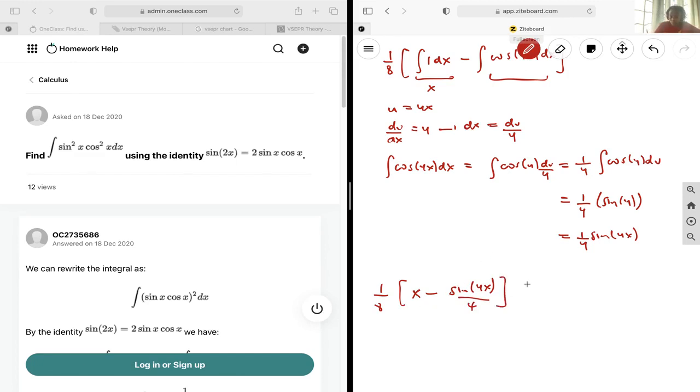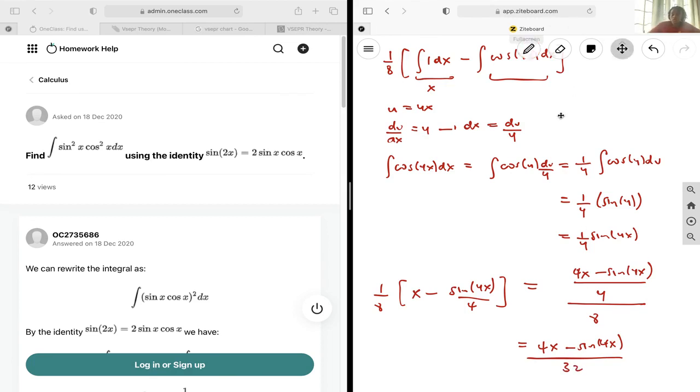And so if you want to write that out, we can write that as 4x minus sine 4x over 4, all over 8. And that can finally be rewritten as 4x minus sine 4x all over 4 times 8, which is going to give us 32.